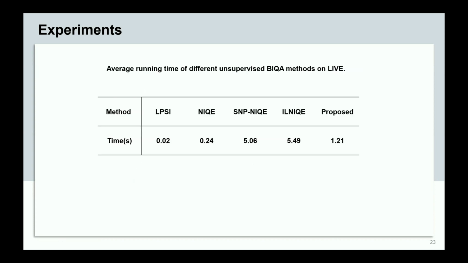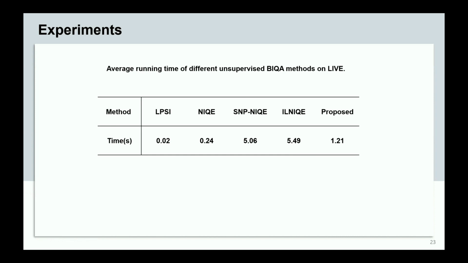And here is the average running time of different unsupervised BIQA methods on LIVE. All images in the LIVE database are utilized for the running time test. The generalization performance is good for IL-NIQE, but it has higher computational complexity, like 5.69 seconds.